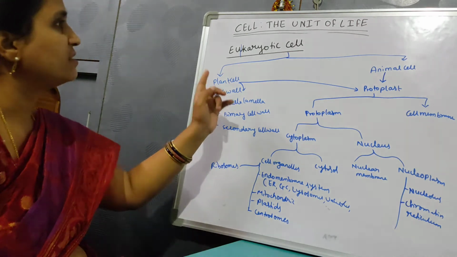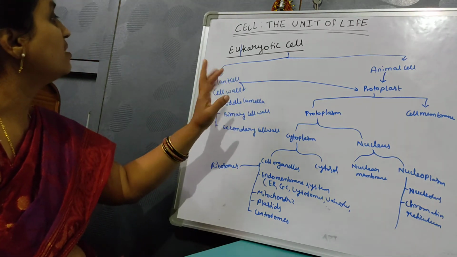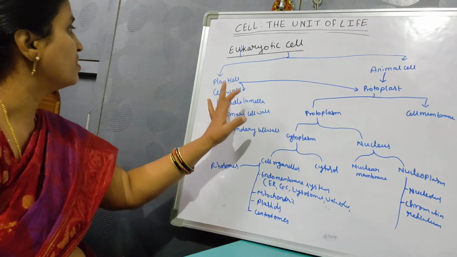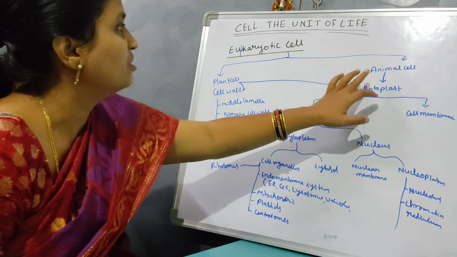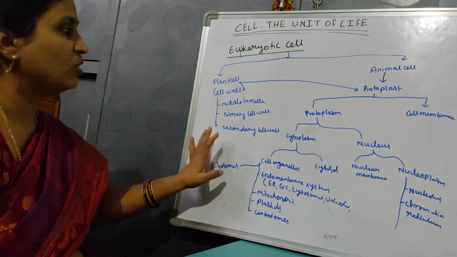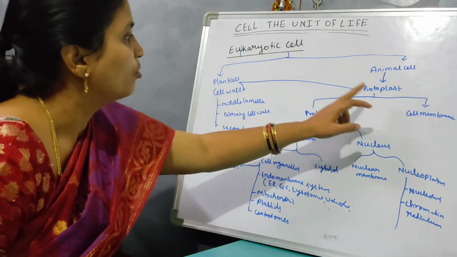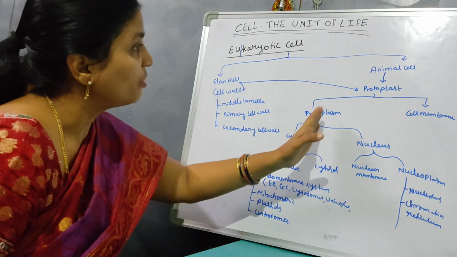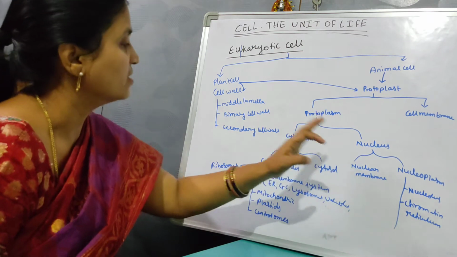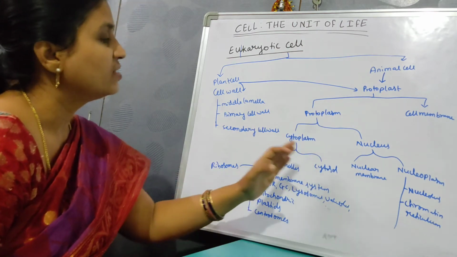So plant cell and animal cell. In plant cell, cell wall will be present. This is absent in animal cells. So the plant cell is having cell wall and protoplast, whereas animal cell is having only protoplast. Cell wall has middle lamella, primary cell wall, secondary cell wall. Protoplast is cell membrane plus protoplasm. The protoplasm is nothing but cytoplasm and nucleus. Cytoplasm is having cell organelles and cytosol.